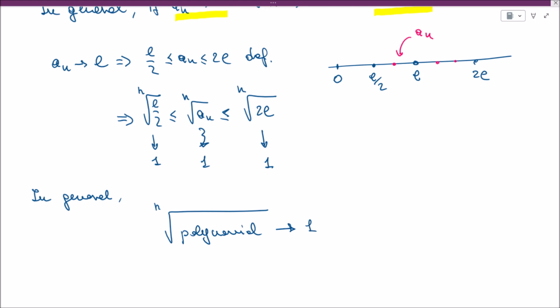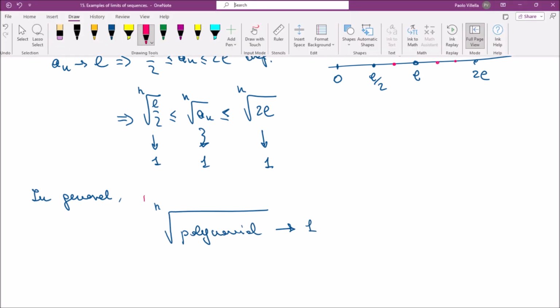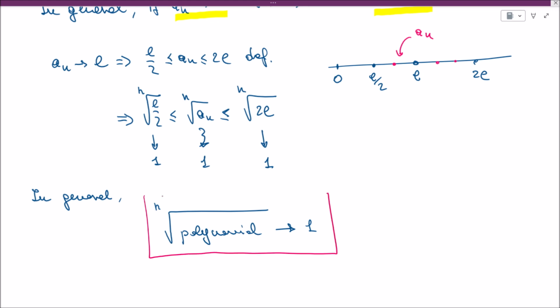Now, this is another important result which is worth remembering. So the nth root of a polynomial tends to 1. How can we prove this?